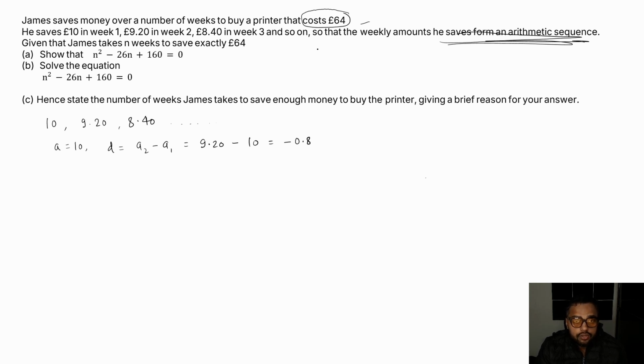Now in the question they have mentioned that the cost to buy a printer was 64, meaning the total amount of money is 64, and the number of weeks we need to calculate. So we know that the sum of the n terms of an AP, arithmetic sequence, is given by Sn equals n by 2 times (2a plus (n minus 1) times d).